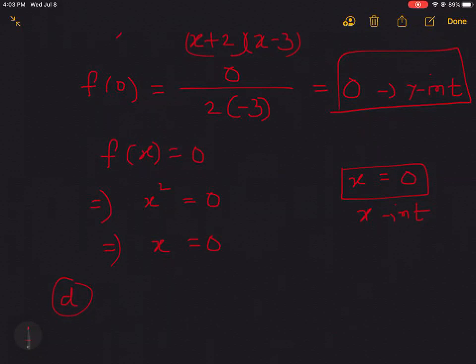Okay, so next we might want to know what's the behavior of this. How will it behave? That means, will it cross the x-axis? Will it just touch the x-axis but not cross it? How can you find the answer?